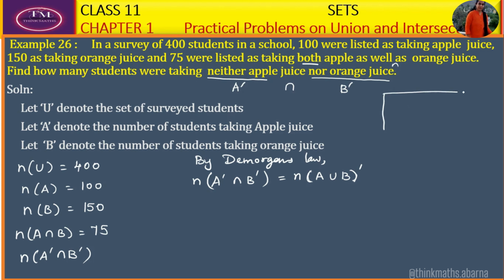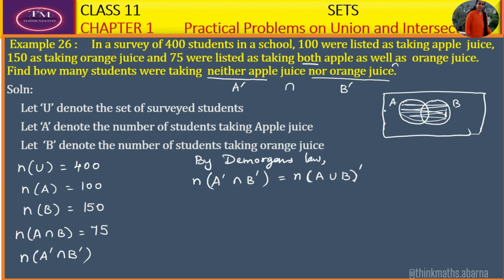So let us take the Venn diagram. So A, B. This is A union B. The complete thing is A union B. So what will be (A union B) whole dash?